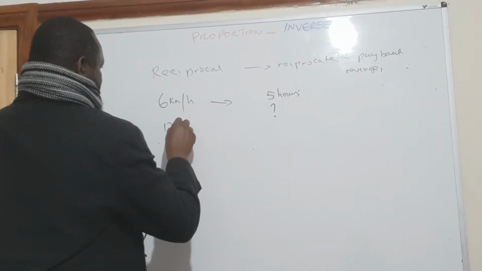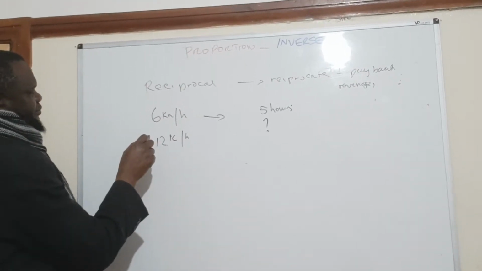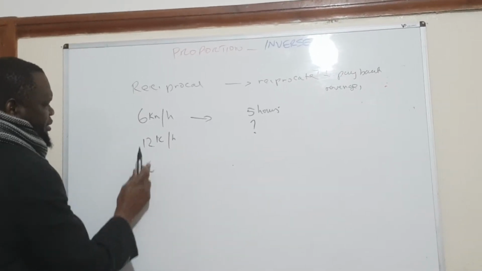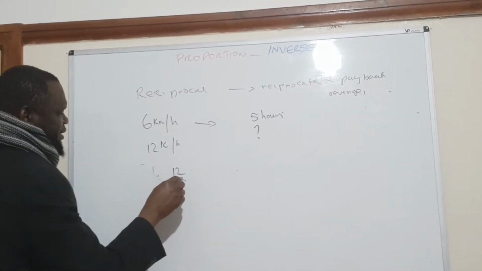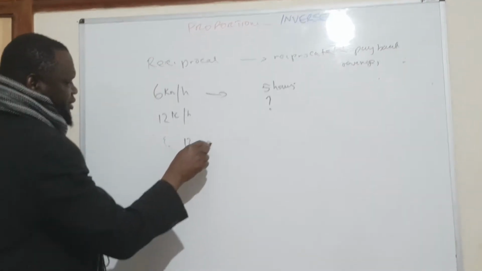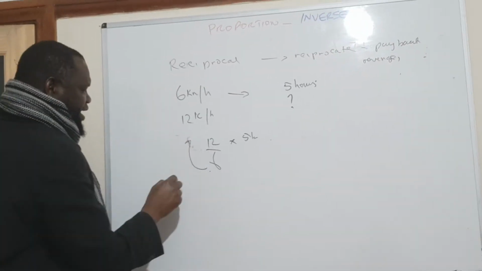What if it is 6/12 times 5? Now that is the inverse. Normally what we don't know goes up: 12/6, we don't know 12, it goes up, and the one we know comes down, times 5 hours. But now we are doing the inverse of this.